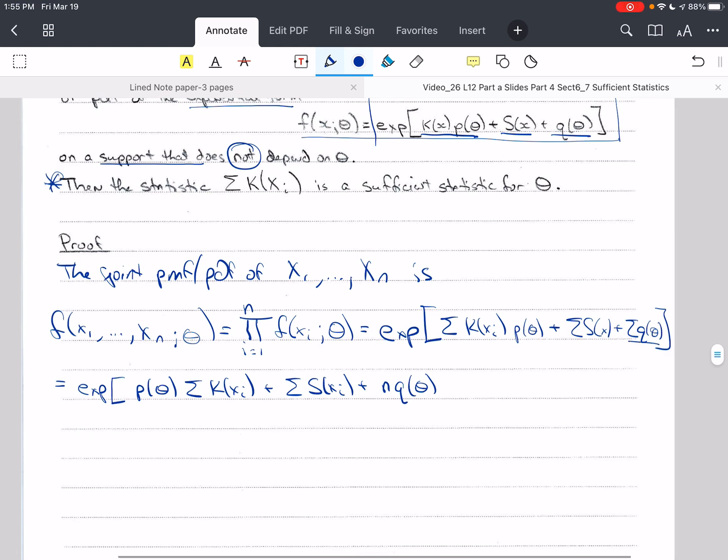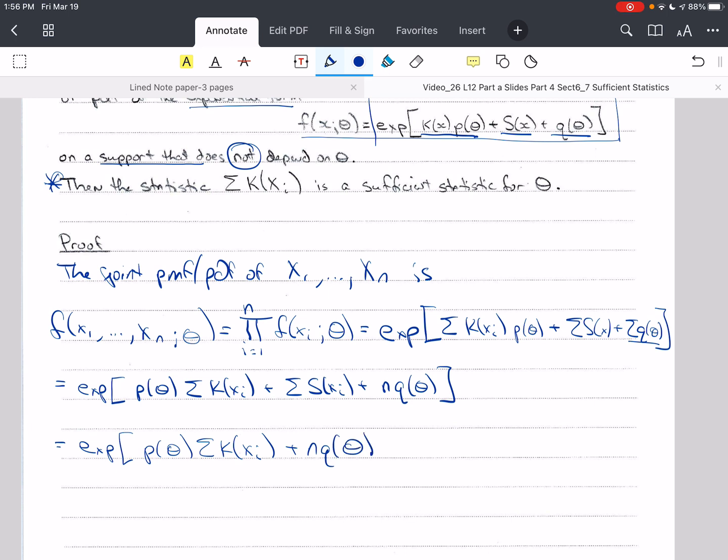Here we have a sum and there's no index. And this is equal to exp of p of theta times the sum of k of xi plus n q of theta, times exp of the sum of s of xi. And so this is h of x1 to xn, a function of x only.